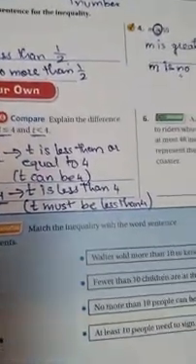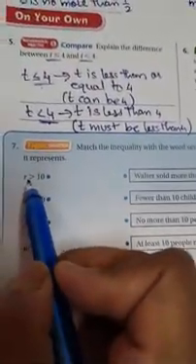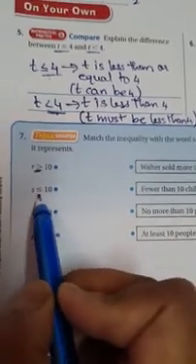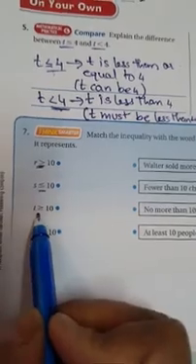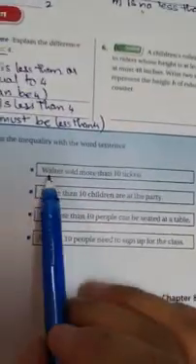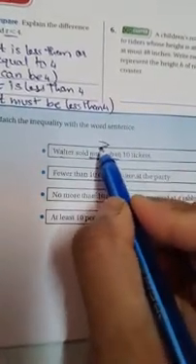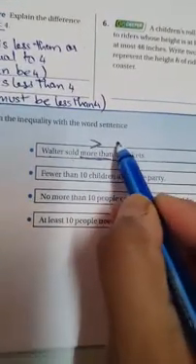Okay girls, it's easy. Now let's move on to question number 7. You just have to match, but before matching, you have to read it carefully. Here we have the symbols less than, greater than, less than or equal to, greater than or equal to. Okay, let's see the first sentence. Walter sold more than 10 tickets.